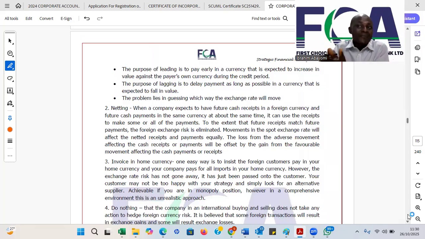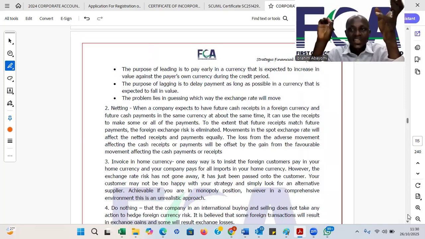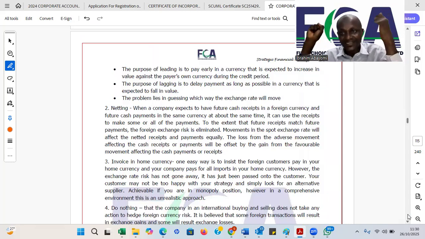And they're having the same maturity. That is also very important. Maybe in 3 months' time, in 6 months' time, whatever. So, if I'm having that arrangement in that country, then I can say that if I collect my receipt, I can use it to settle my liability. Okay, that is netting. You net it off.